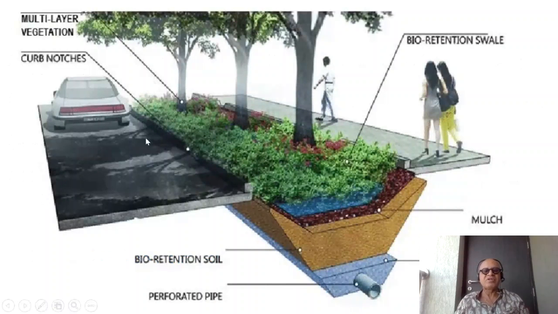So you can see an example here as a schematic. There is the parking lot, or let's say the road. There is the walkway, and there is the bioretention swale. So it's got multi-layer vegetation with trees and some flowers, typically perennials, and curb notches to manage the runoff and water flows.